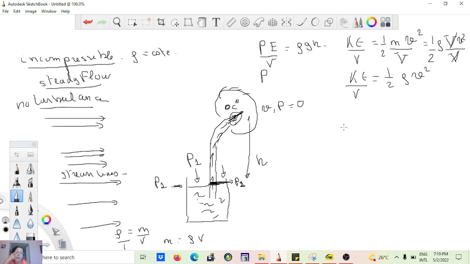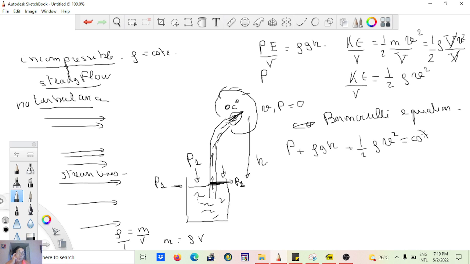Okay, so now I can use this, and this is called the Bernoulli equation. It's just the conservation of energy. It says that P plus your potential energy per volume plus your kinetic energy per volume equals constant, if the liquid has no viscosity.